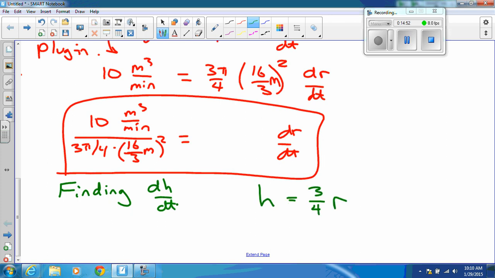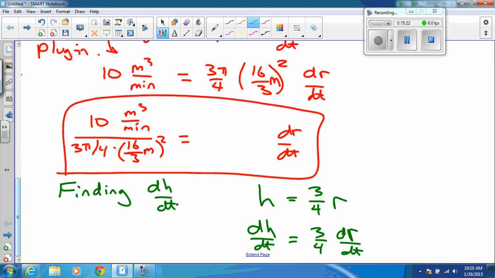So we start with an equation that relates h to r, and then what do we do with that? Take the derivative of both sides with respect to t. So then dh/dt equals 3/4, and then you plug in the dr/dt. You get to plug that all in.